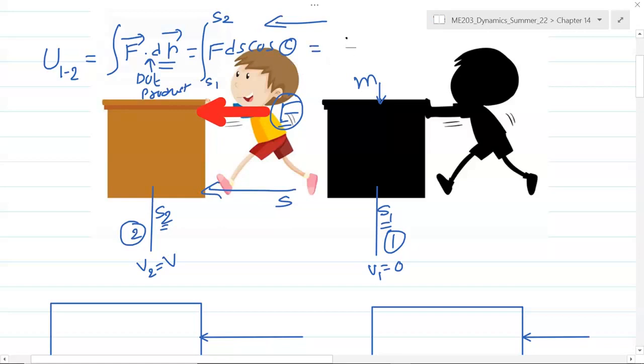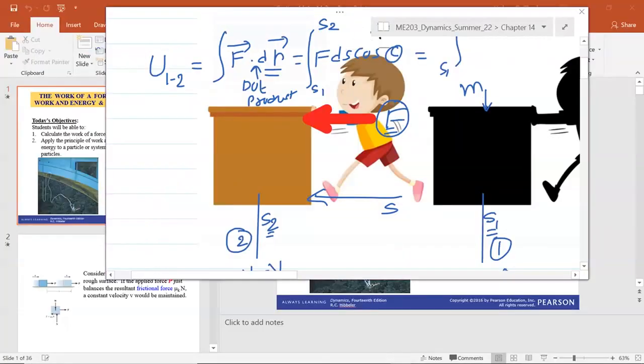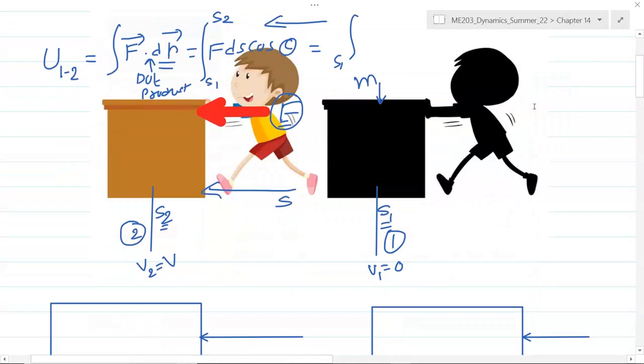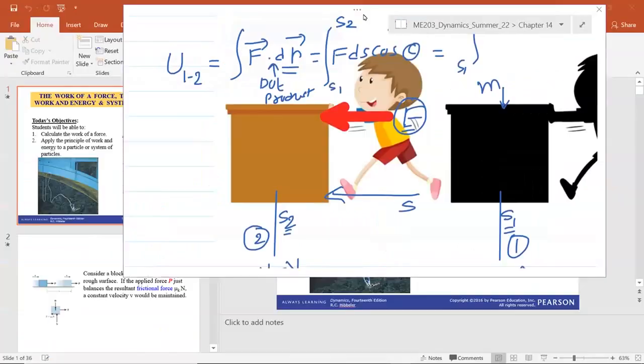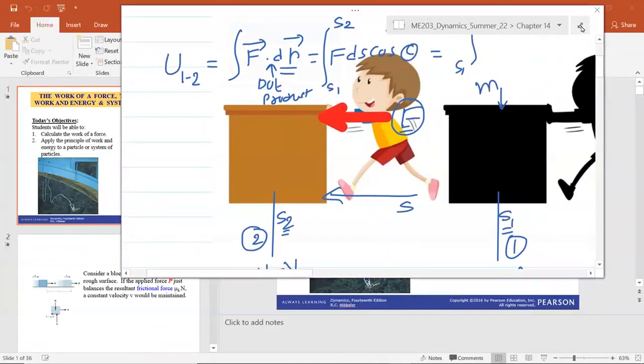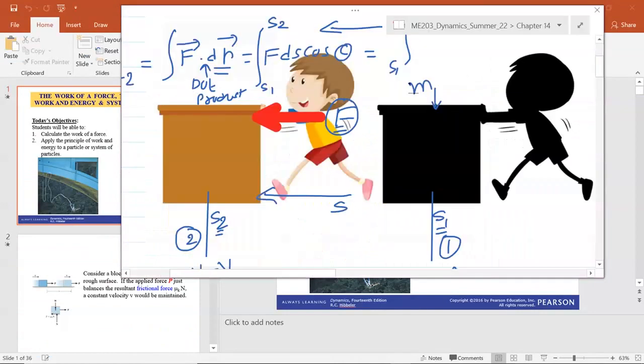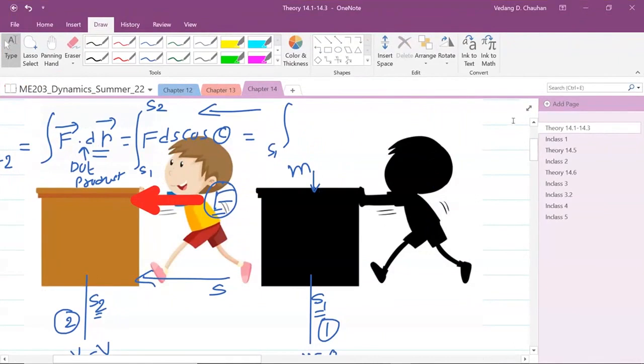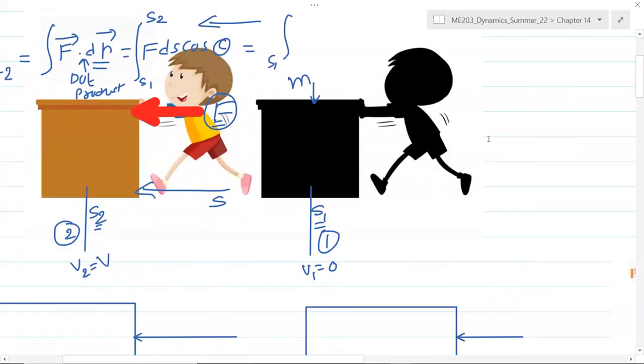So particularly for this case, it can be written as going from S1 to S2, F ds, and cosine 0 is 1. So this is the concept of work done.